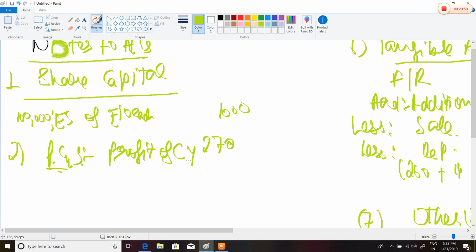Then we have got brought forward profit. Any brought forward profit? 80, I suppose. Profit 80. Then dividends.